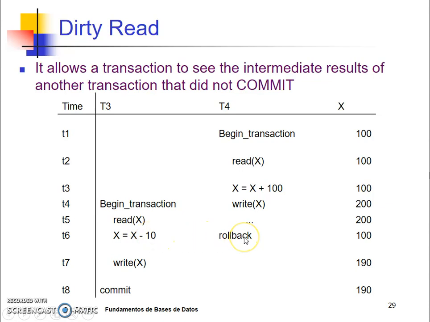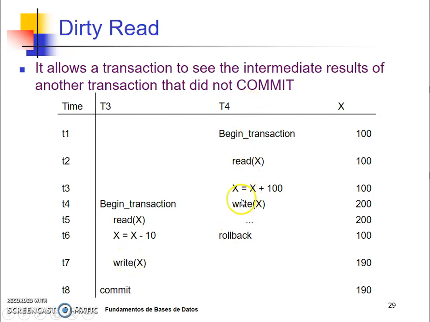And at the same time, this transaction rolls back. Rollback means that the 100 was never deposited in my account. However, this transaction already read the value with the 100. So at the end, I'm going to have the value 190 because that's the value that this transaction wrote.